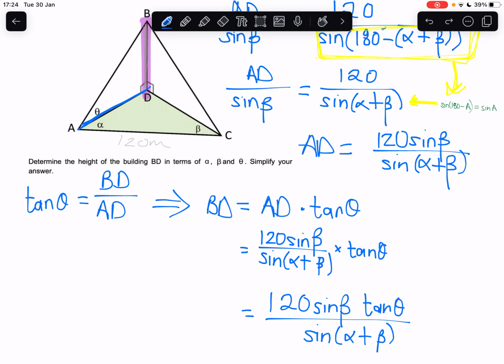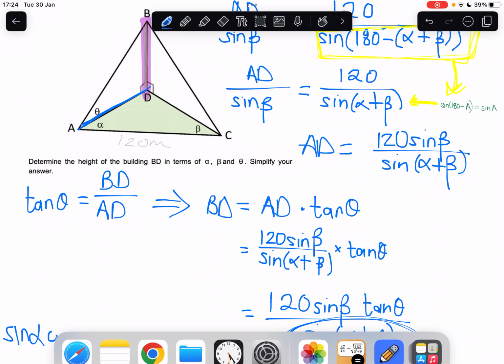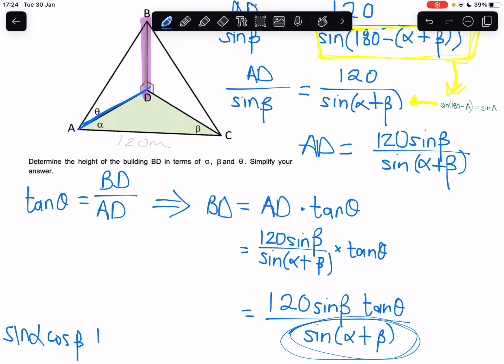So BD is equal to 120 sine beta times tan theta divided by, okay, and then they expand this, well, expand is not the right word, but they use the double angle identity to rewrite it as sine theta cos beta plus cos theta sine beta.